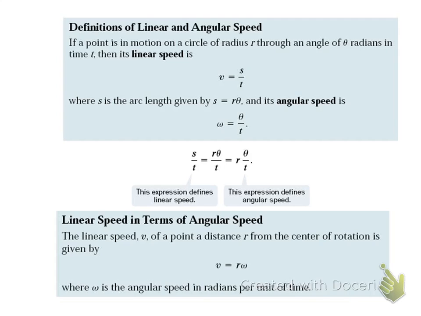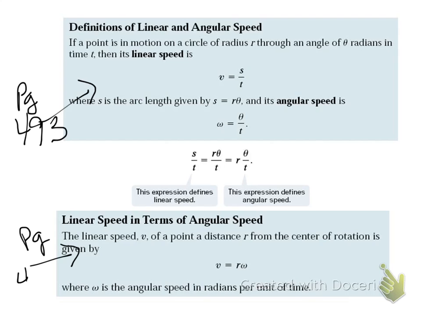The first one here is on page 493, and then the second one here is on page 494. So make a note to yourself to go ahead and copy this down out of the book when you get a chance. But this looks really confusing and really complicated, right? It's not. You don't need all this gibberish.